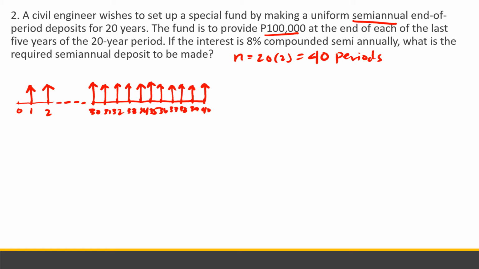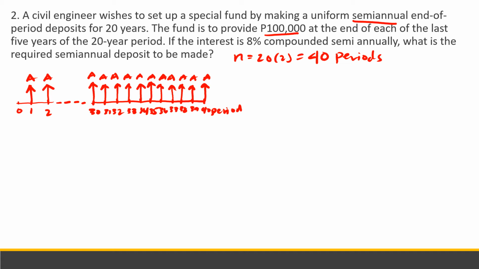So 1 here is the mid-year and 2 here is the first year. So this is by period, 40 period. So A, this is the equal amounts na i-deposit niya for his special fund.